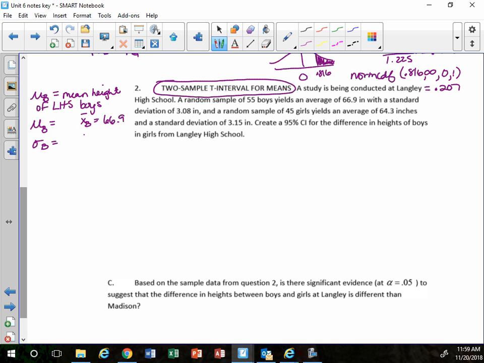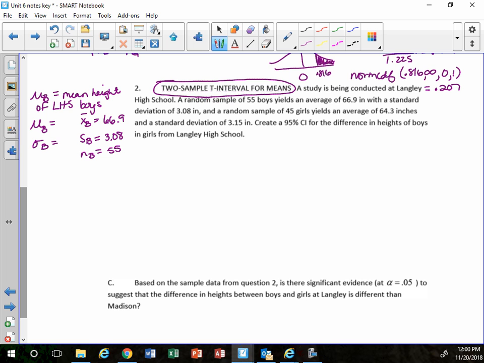All right, do we know the standard deviation of the sample for B? Yes, 3.08? And the sample size for boys was 55? You're okay with that? It's the one other thing I need to do for the boys section before I move on to the girls.